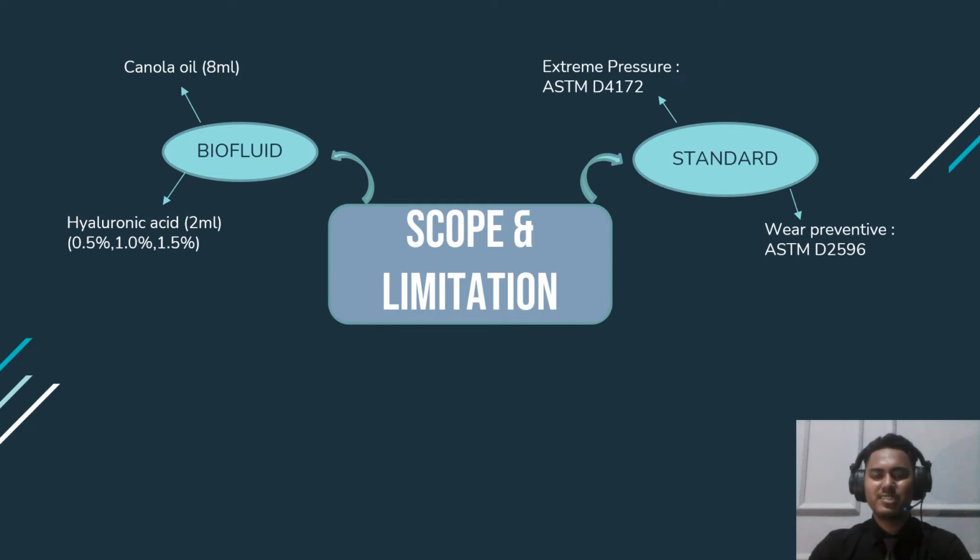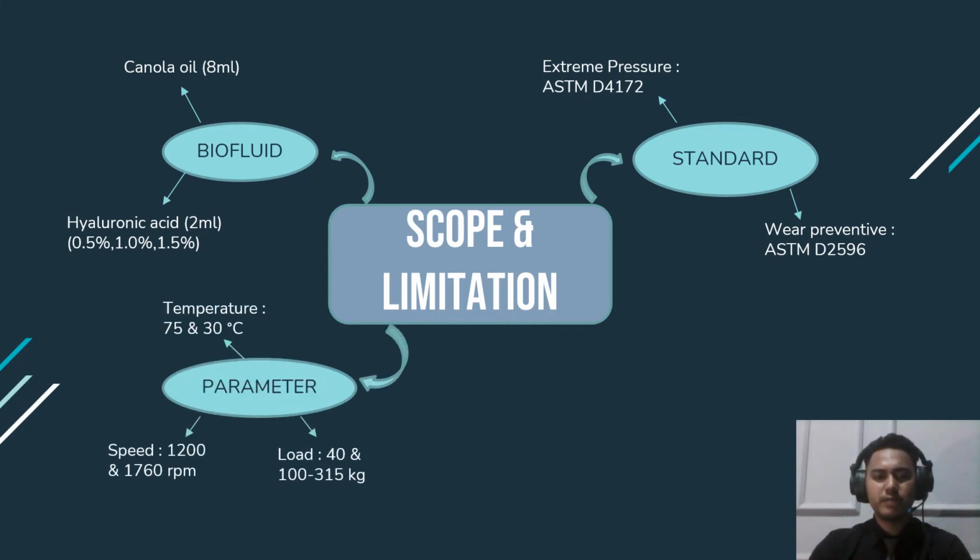Next is standards. In these four-ball experiments, there are two conditions that will be measured. First is extreme pressure, following the standard ASTM D4172, and also the wear preventive condition, which follows the standard ASTM D2596.